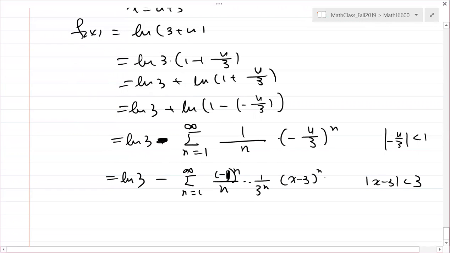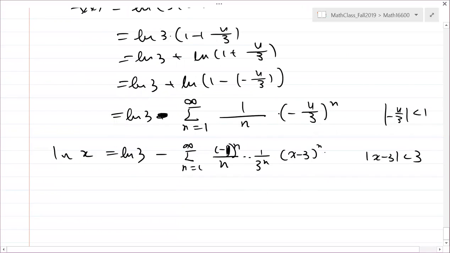In other words, natural log of x is going to be equal to that power series for x satisfying this inequality. And this is the Taylor series at a equals 3.